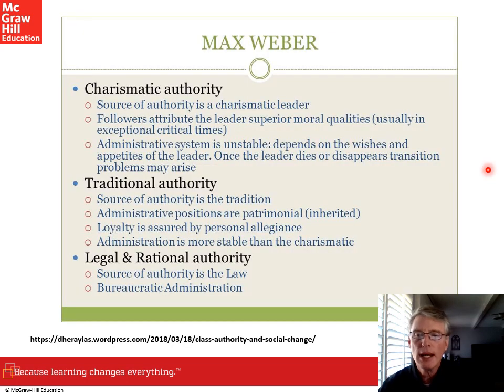All right, before getting into the next stuff, I got to go back in time and bring up some good old Max Weber, German sociologist, wrote on bureaucracy, the Protestant work ethic, other things.